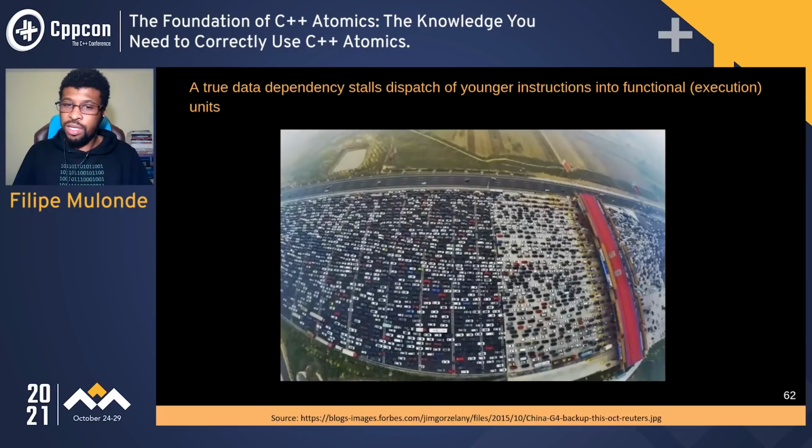In real life, when we have a traffic jam, and this traffic jam is being caused because a car stopped working, what we do, we remove these cars so that the other cars can move. But this same idea we can apply to our pipeline.